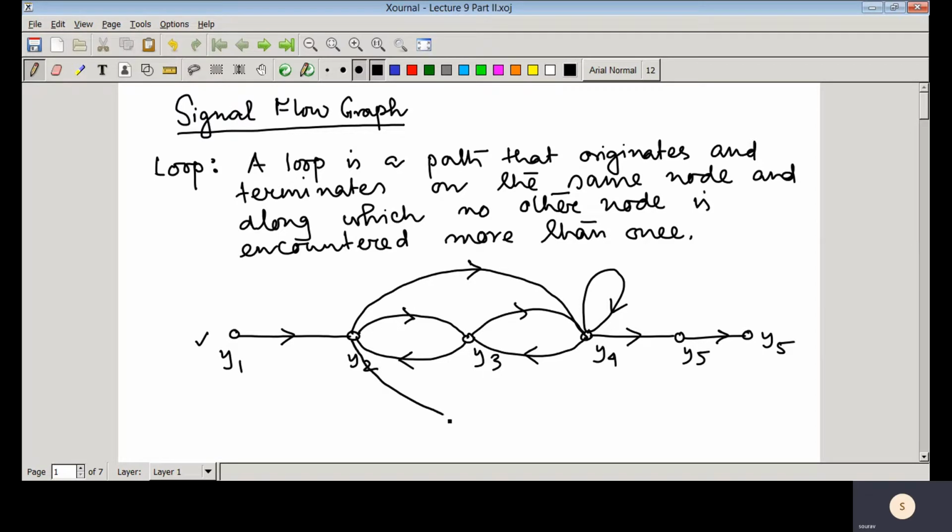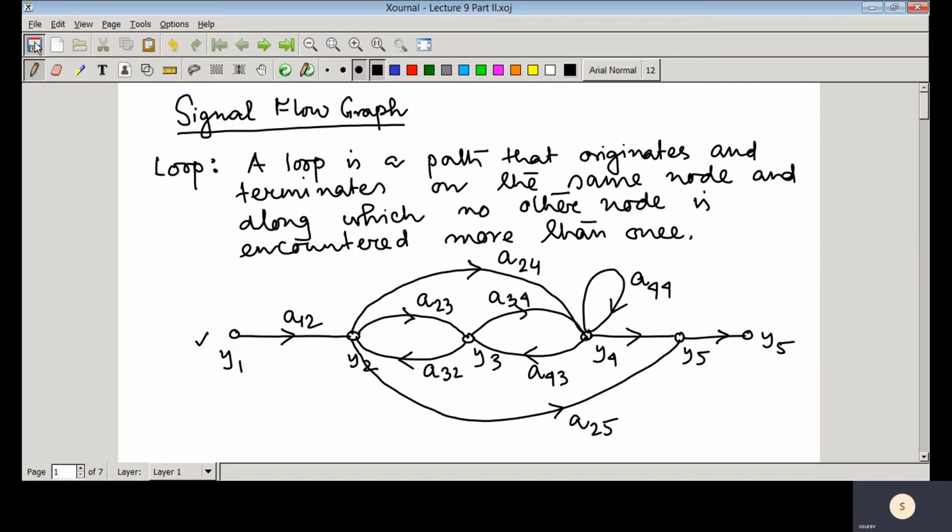There is one path here, that is A25, the branch gain, A34, A24, this is the self loop, and A23, A32 and A12. This signal flow graph we already discussed in detail in part 1.